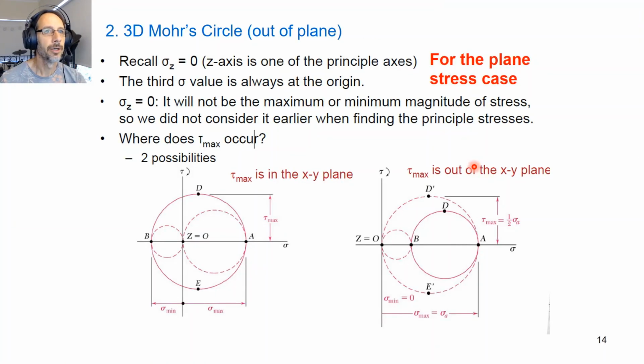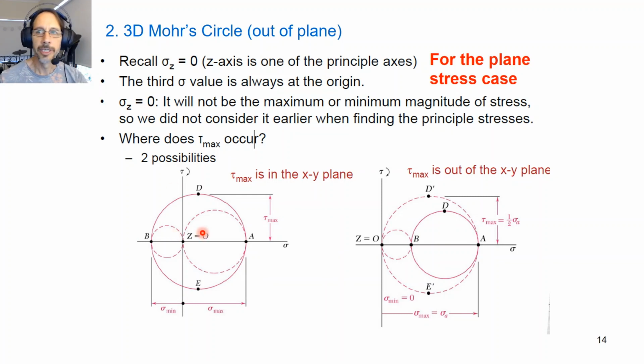All right, so back to JC's notes. Here are some excerpts out of the textbook, looking at the case of plane stress, where stress in the Z direction equals 0. Even though the stress in the Z direction is 0, that doesn't mean we can ignore it.